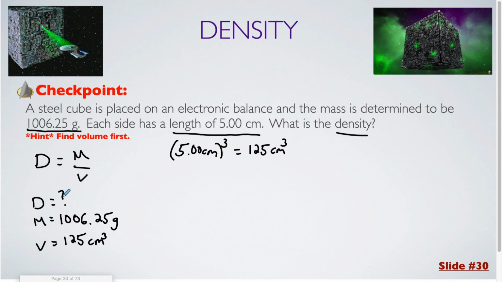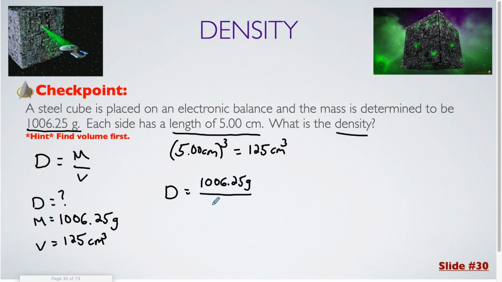Now that I have each of these filled in, I need to decide if I have to manipulate my equation. I'm looking for density, and density is already solved for. So that means I can just plug in my numbers directly. Density is equal to mass over volume, so I'm going to take my number for mass and put that on top.